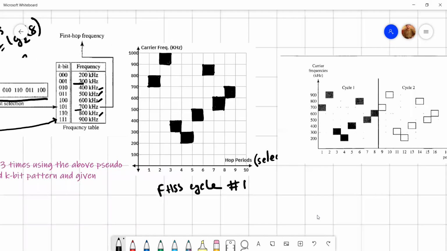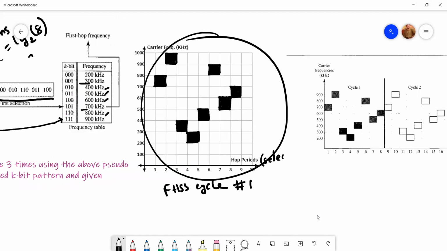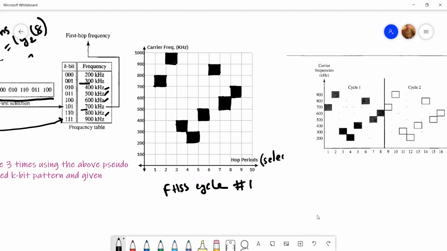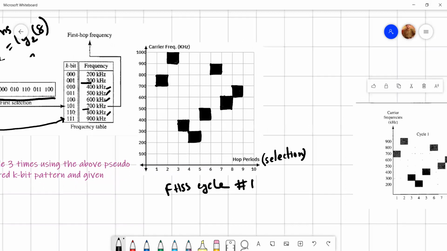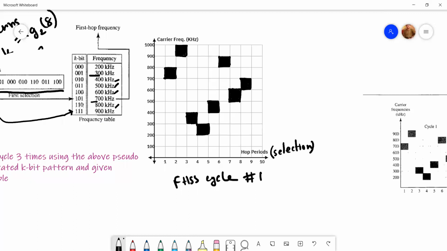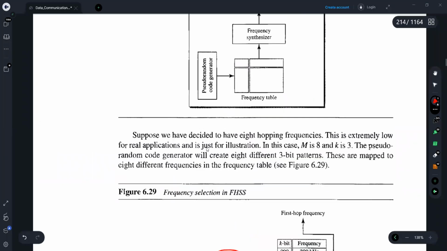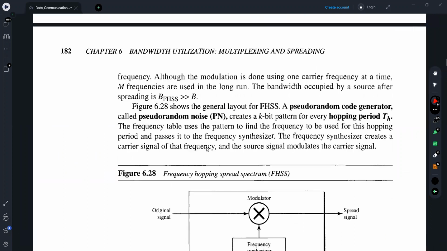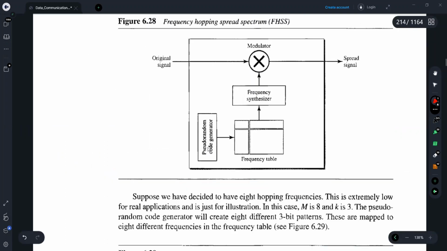This whole graph will be copied again. As you can see from this book's example, the same graph from 1 to 8 has been repeated, because that's how frequency hopping spread spectrum works. Although they seem random, the same pattern, the same cycle, is repeated again and again. As a confirmation, I think the book has this clarification over there.